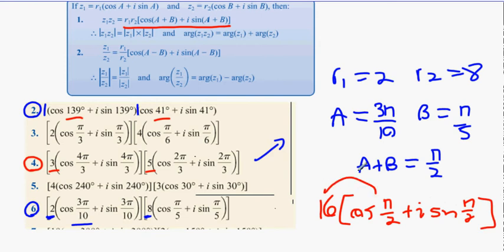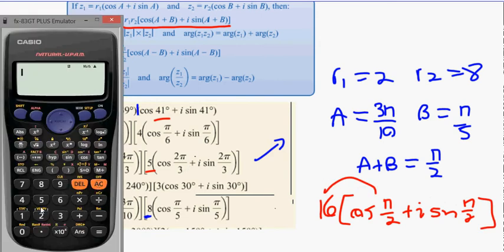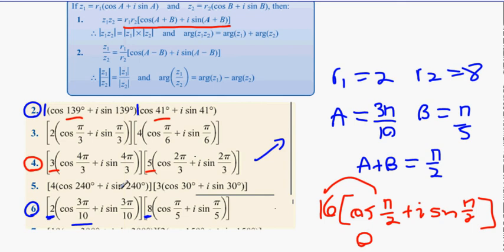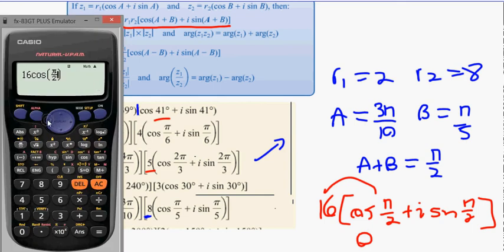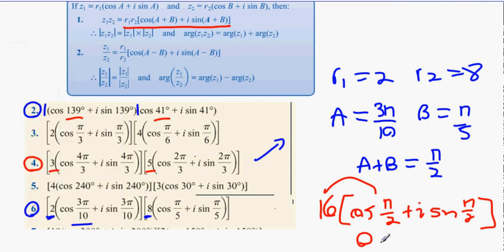Now 16 cos pi over 2 gives us 0. And then 16 sin pi over 2 gives us 16. So 0 plus 16i is simply 16i. So the answer to number 6 is 16i.